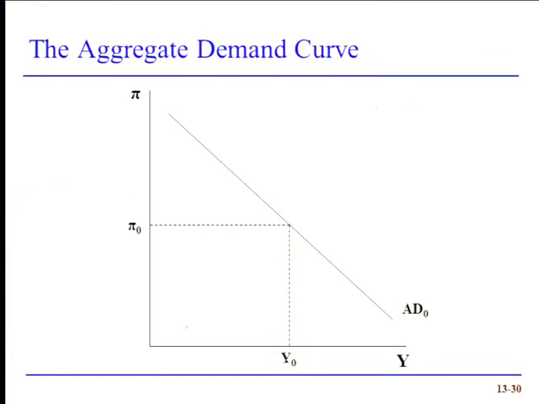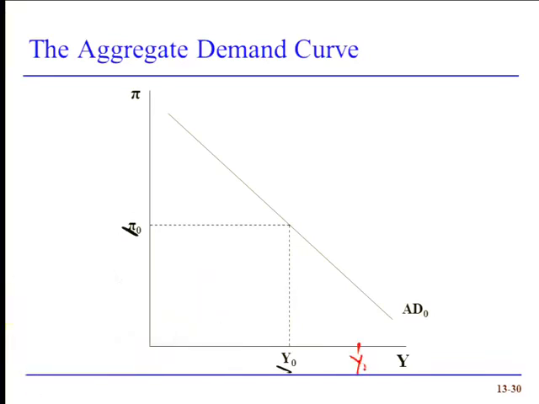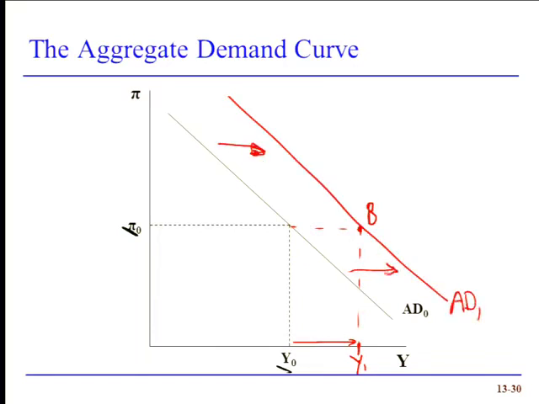So what we basically said is that at any inflation rate, if we look at the interest rate associated with any inflation rate, economic activity will have increased. We see that from our IS curve, which means now that point B is our new equilibrium. So the aggregate demand curve has also shifted to the right.